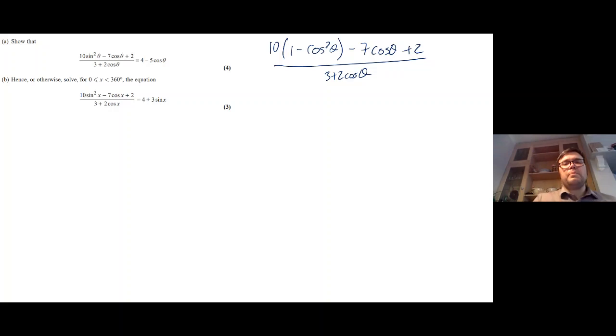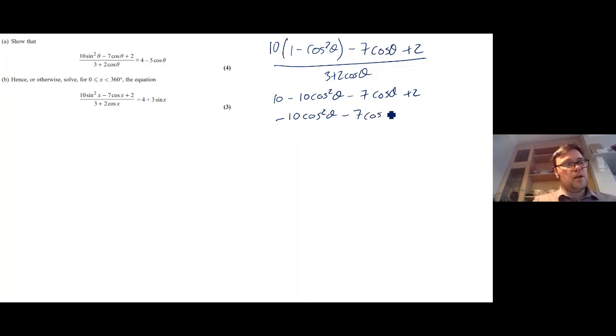If I was to expand that now, I would get 10 minus 10 cos squared theta minus 7 cos theta plus 2. I know it's over 3 plus 2 cos theta, so I'm just going to work with the top line for the moment, just because I need the space. Minus 10 cos squared theta, that's going to be minus 7 cos theta, and then that is going to be plus 12.